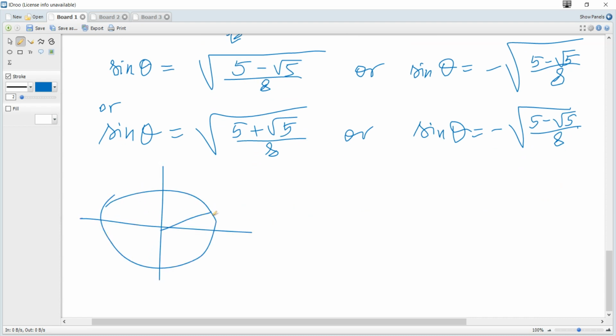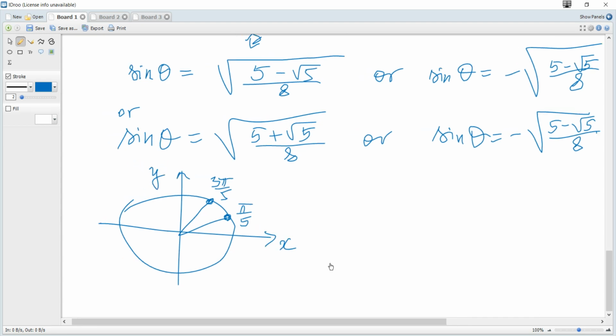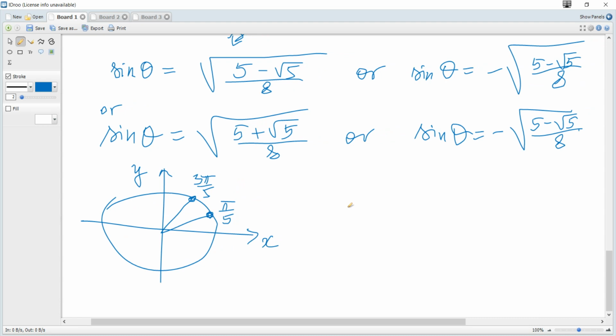And what is pi over 5? It's somewhere here in the first quadrant, and pi over 5 and 3 pi over 5. And you remember that sine, it's what? It's the y coordinate. And you don't need to know the other roots, because sine of pi over 5 is some positive value, and sine of 3 pi over 5 is also a positive value, and sine of 3 pi over 5 will be greater.